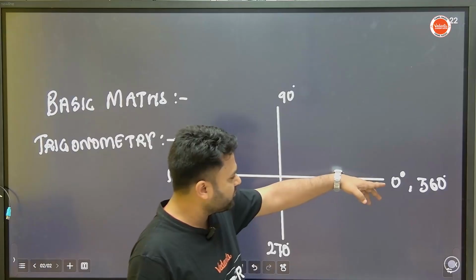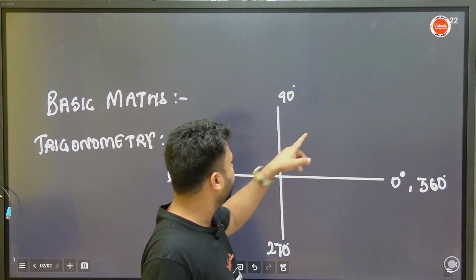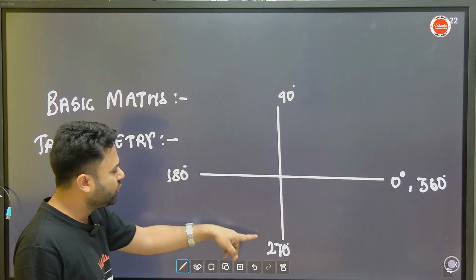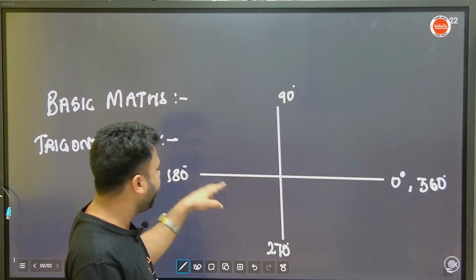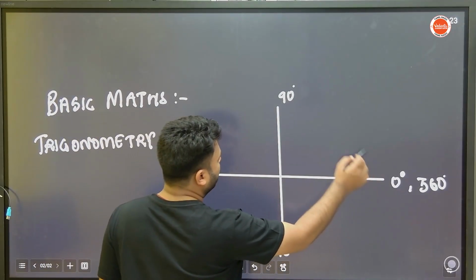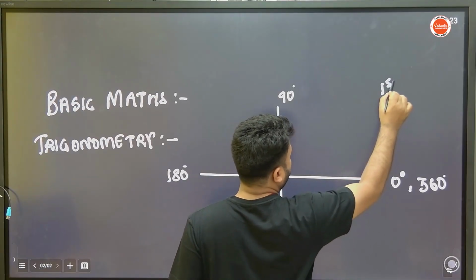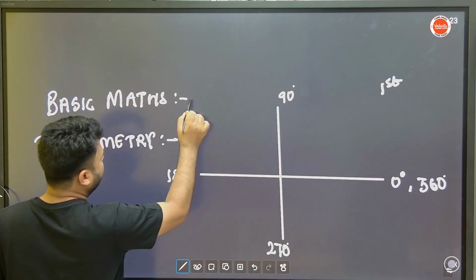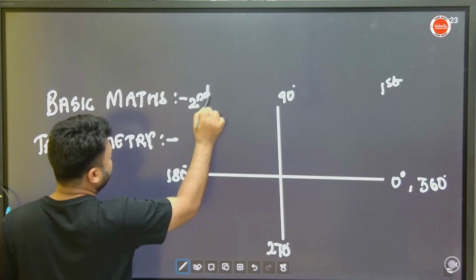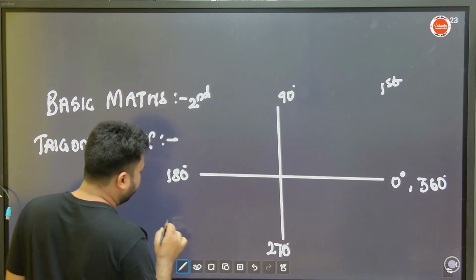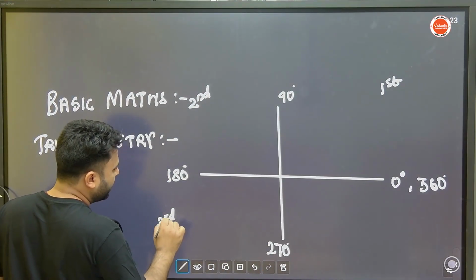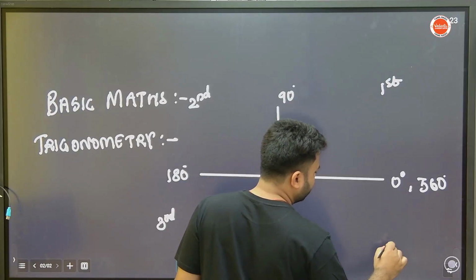So this line corresponds to 0 degree and 360 degree. Now from 0 to 90, this portion is called the first quadrant. From 90 to 180, this is called the second quadrant. From 180 to 270, this is the third. And from 270 to 360, this is the fourth.